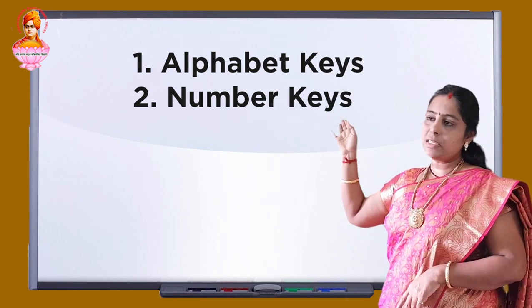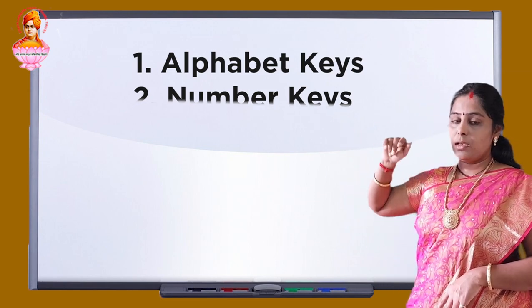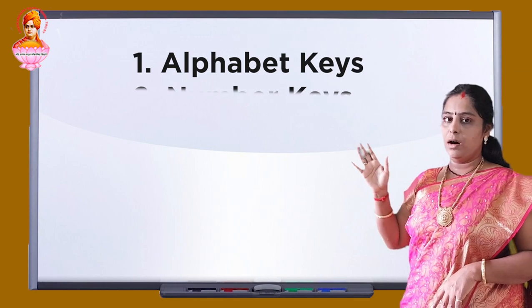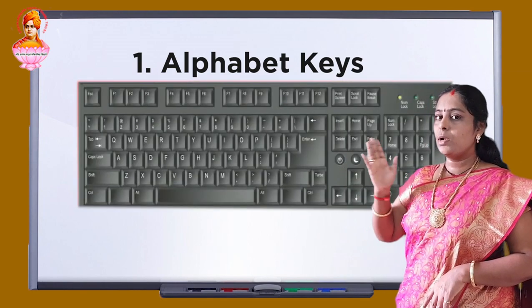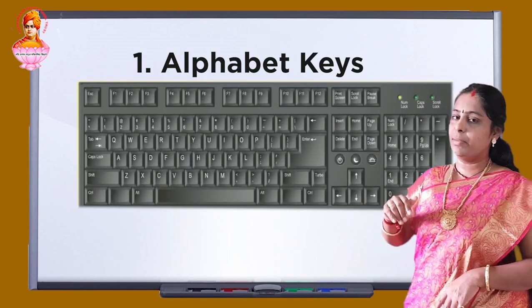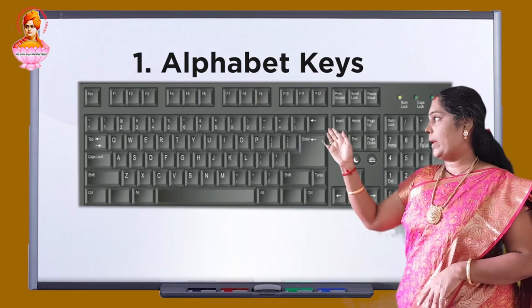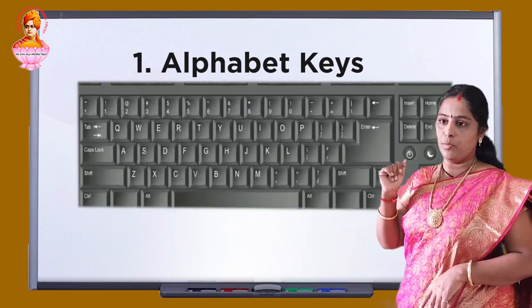Right. So the first key is called alphabet keys. Already we have learned alphabets in English. Likewise, our keyboard has 26 alphabets. Okay, kids? How many alphabets are there on our keyboard? There are 26 alphabets on our keyboard.